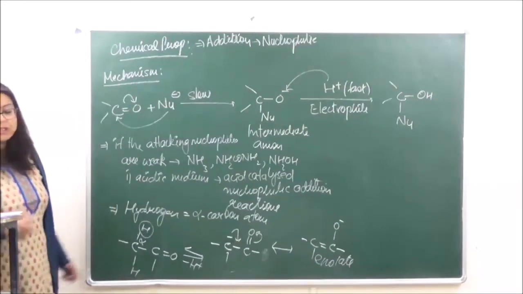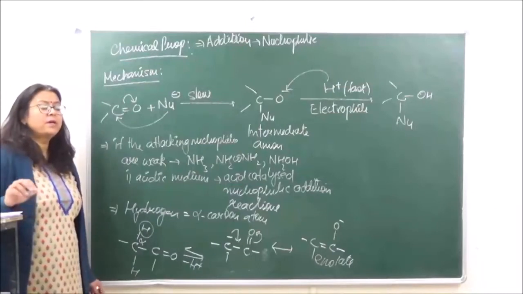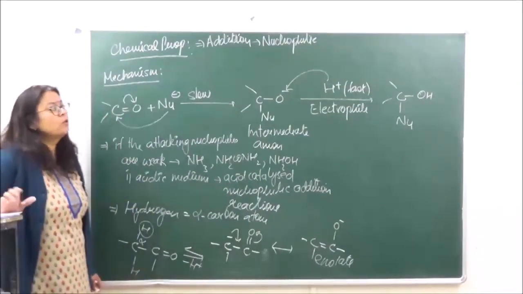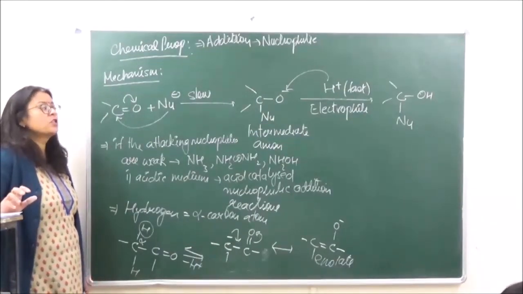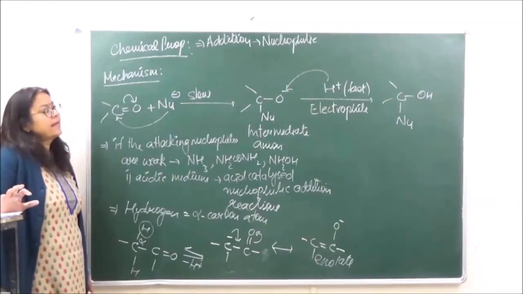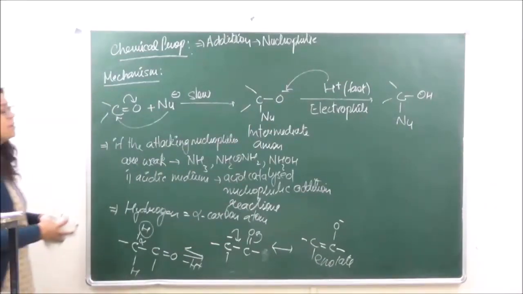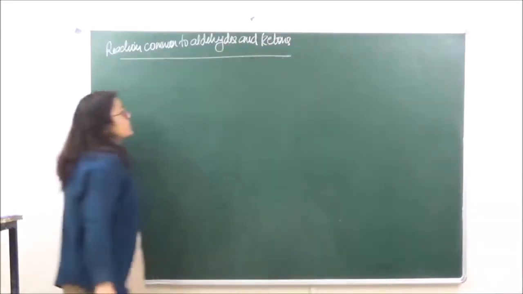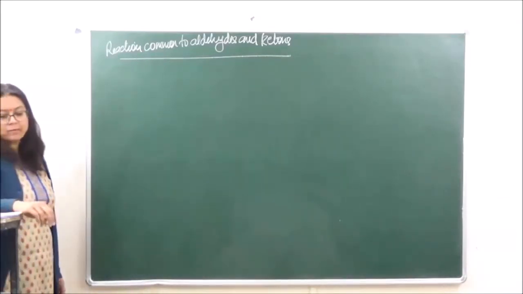Okay, so we are again going to do two types of reactions over here. The first kind of reactions which we will do are the reactions which are common to both aldehydes and ketones, and then we will do those reactions which are dissimilar in aldehydes and ketones. So let's go on to the first type of reactions, common to aldehydes and ketones. Over here we are going to do two types of reactions.